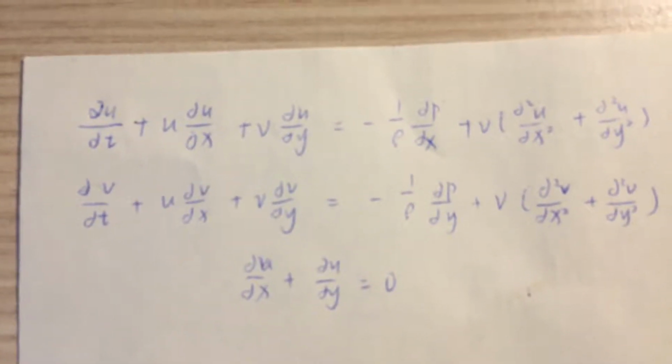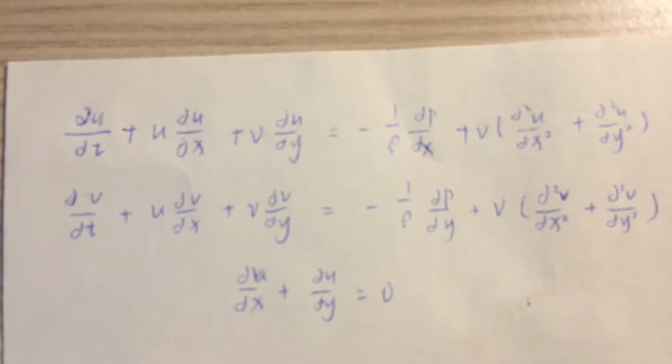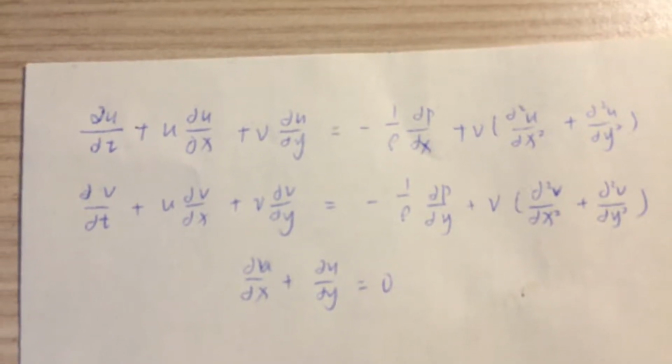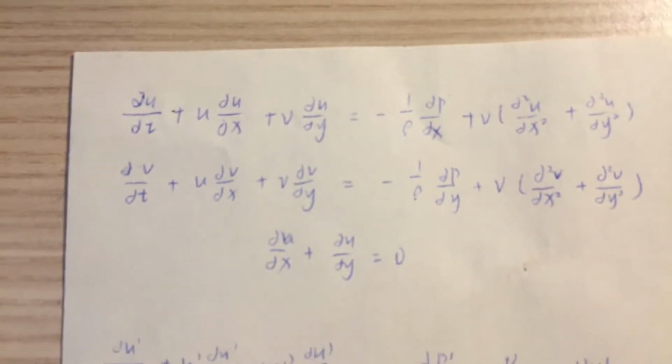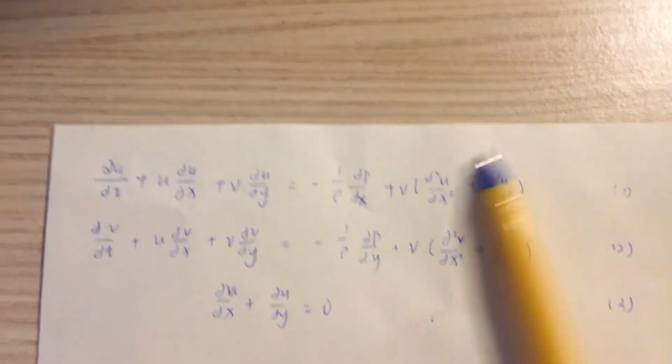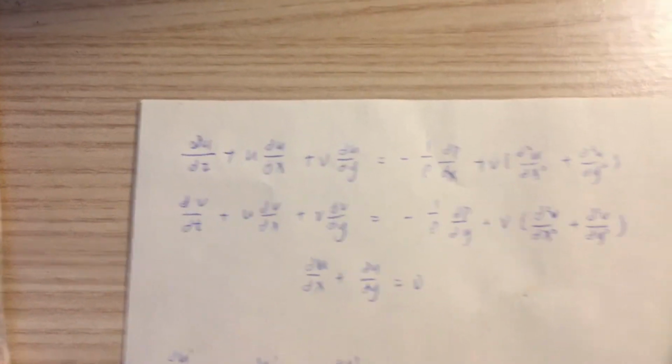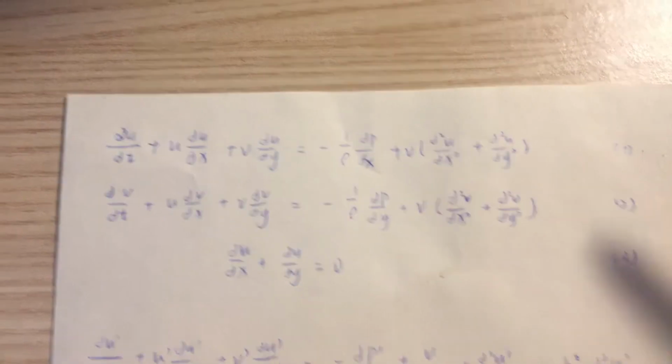Okay, so first, in this case we have incompressible viscous steady flow over a thin flat plate. The total equations of motion for two-dimensional flows are here, from equation 1 to equation 3.